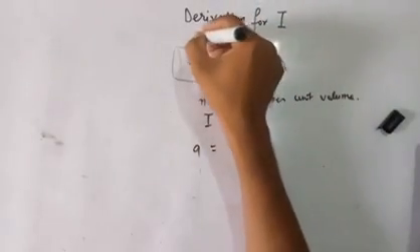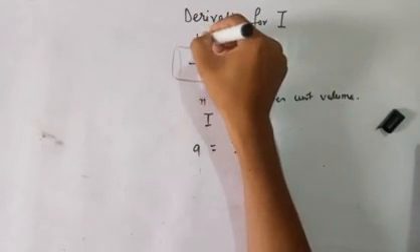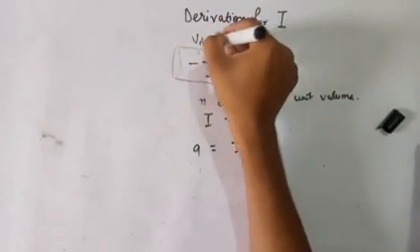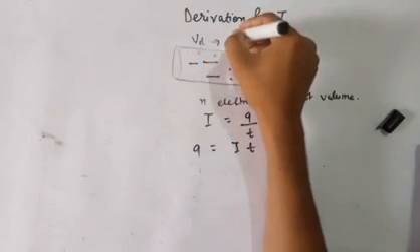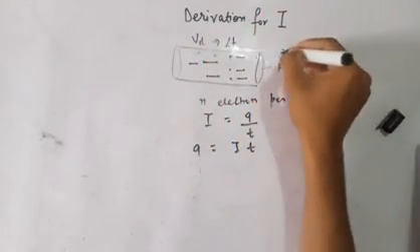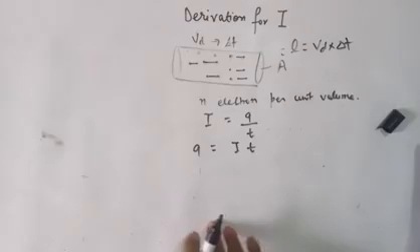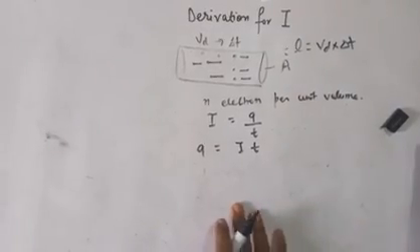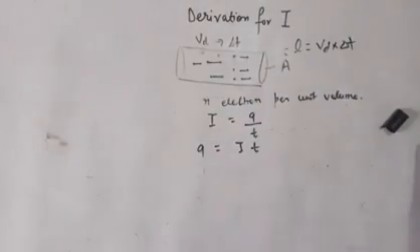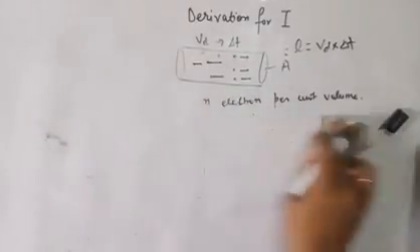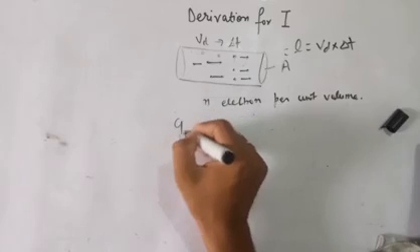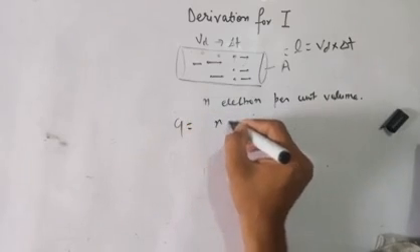So let us consider that the velocity is Vd, and in delta t time the length traveled is Vd into delta t. What will happen? Q will be NE.